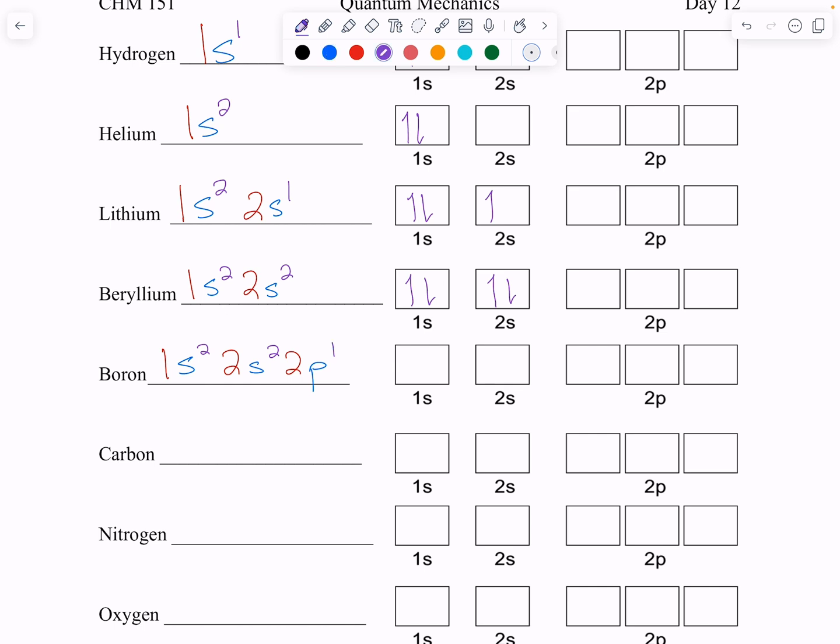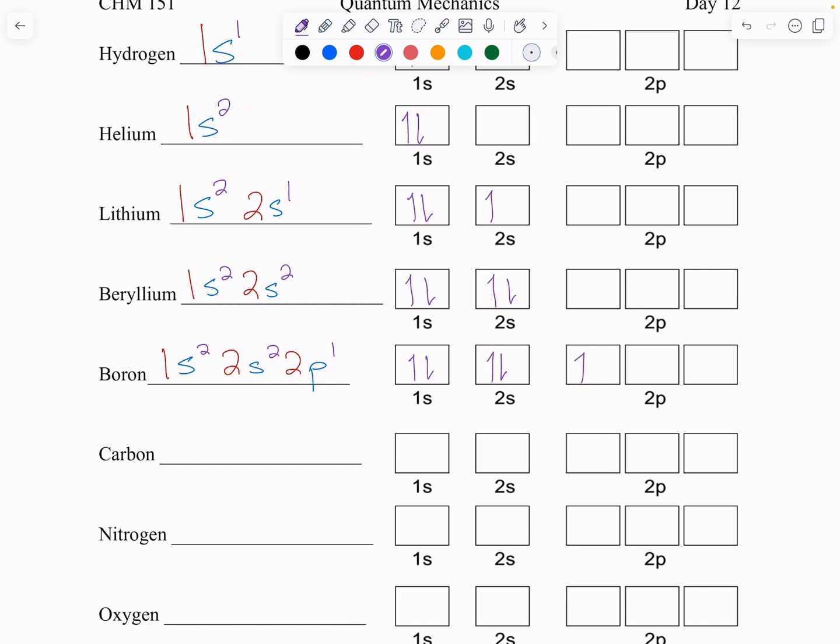Now, when you're writing this out, you do not have to change colors like I'm doing. I'm just trying to show you that N, L, and the number of electrons are there. So we have up, down, up, down, up. Again, 5 total electrons for the atomic number 5.